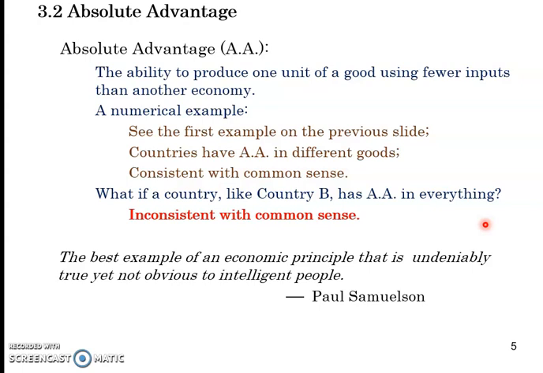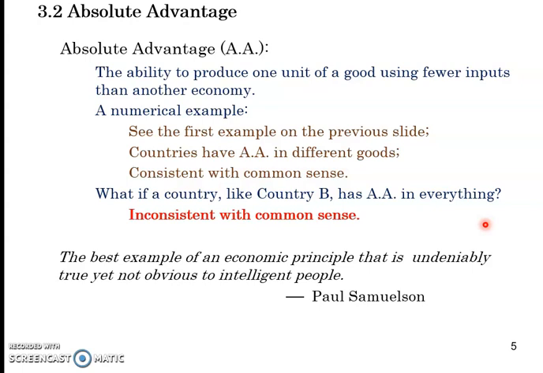Because remember we said even in the second table on the previous slide, we still believe A and B should trade with each other and both should benefit from their trade, right? But it's counterintuitive. So we really need to spend some time looking at these examples.